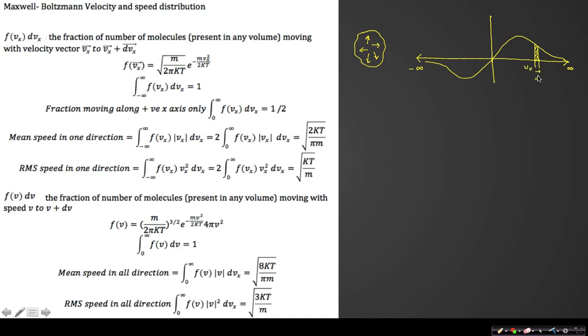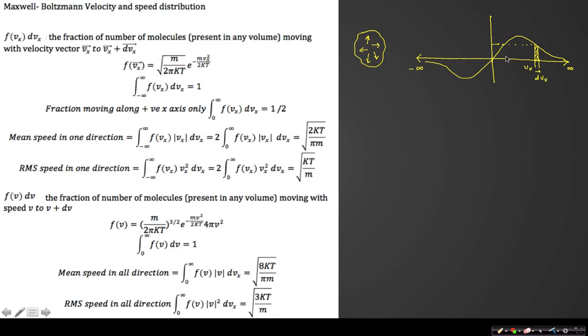This is dVx. So if I ask how many molecules are moving with a velocity from Vx to Vx plus dVx, then Maxwell-Boltzmann's velocity distribution curve will help you to find that number.